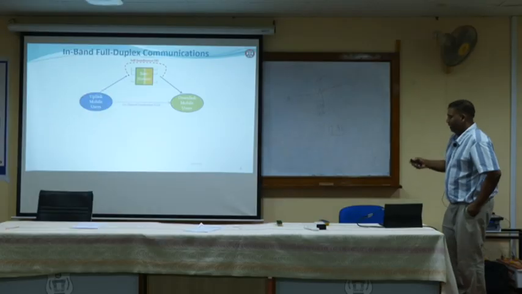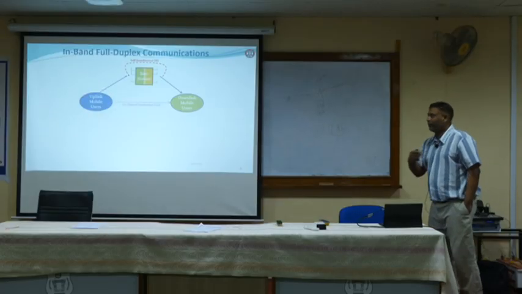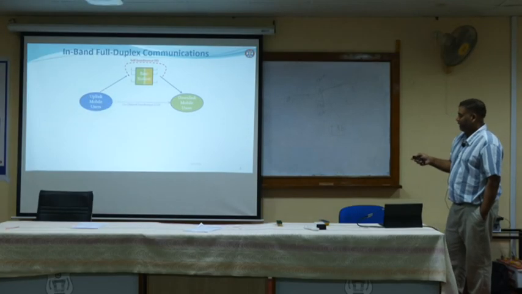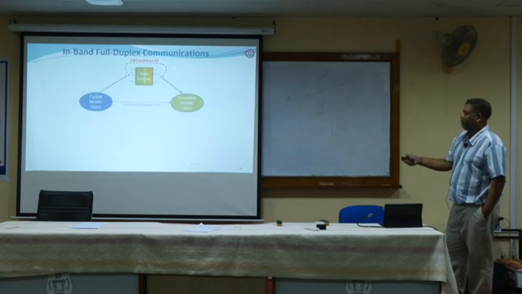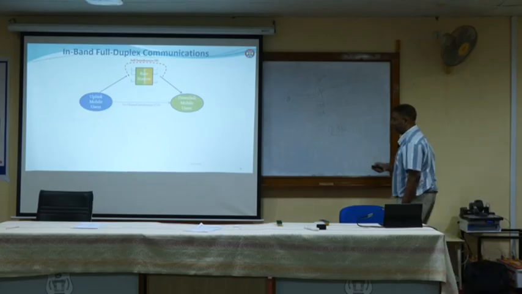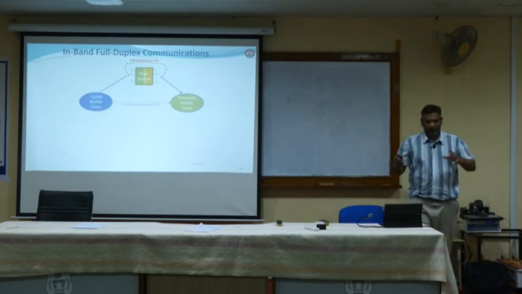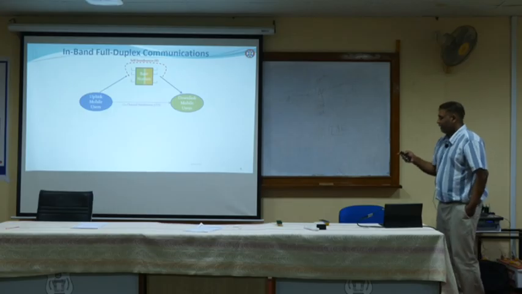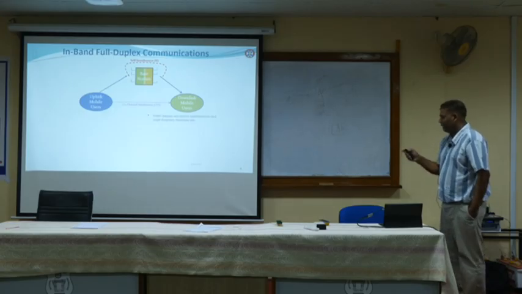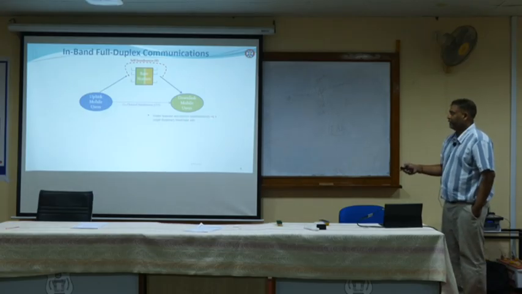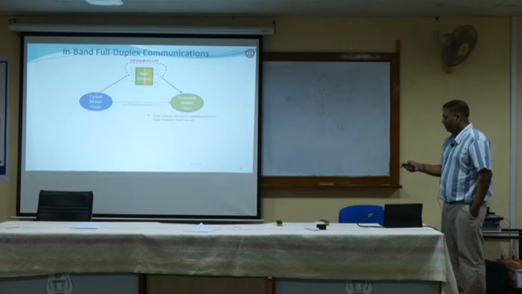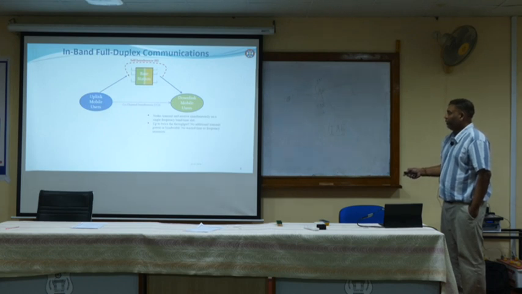Okay, so for the remaining next half an hour, I will be talking about how to cancel this self-interference. This self-interference is like 120 dB strong, and we need to cancel it. Full duplex means transmitting and receiving simultaneously on the same frequency, time, and slot, with up to twice the throughput, no additional transmit power or bandwidth, and no waste of time or frequency resources.